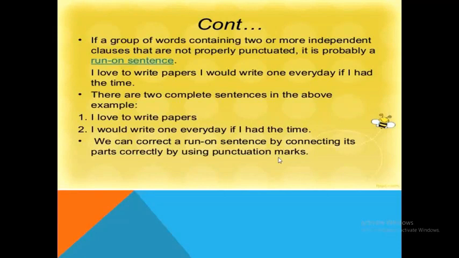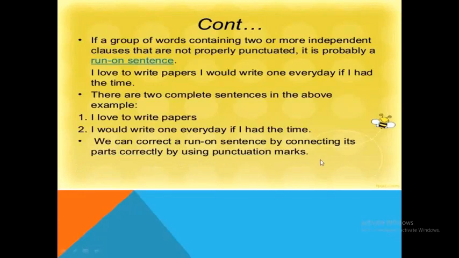Like, I love to write papers I would write one every day if I had the time. There are two complete sentences in the above example. The first sentence is, I love to write papers, whereas the second sentence is, I would write one every day if I had the time. We can correct a run-on sentence by connecting its parts correctly using punctuation marks.